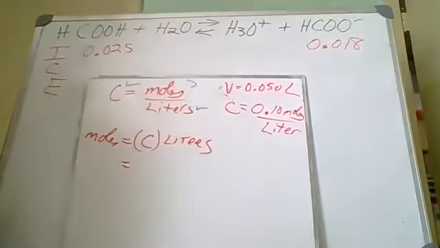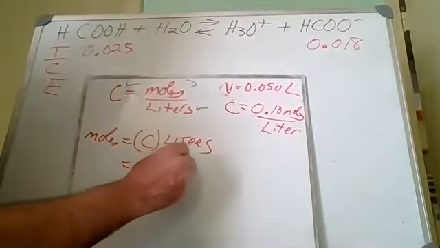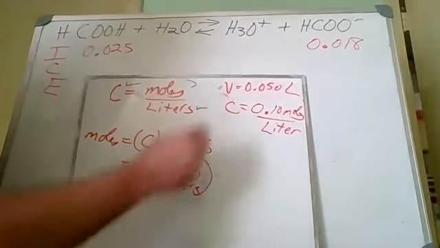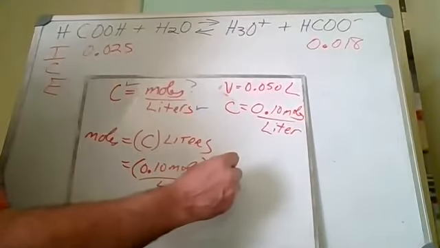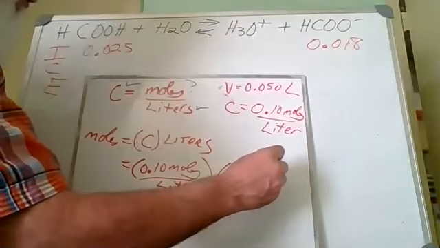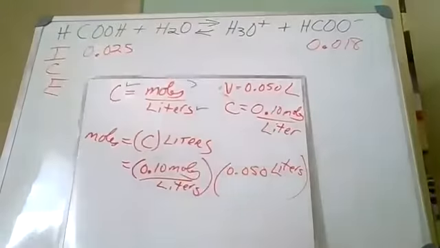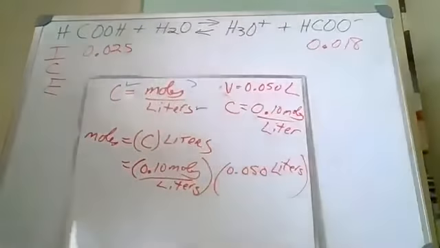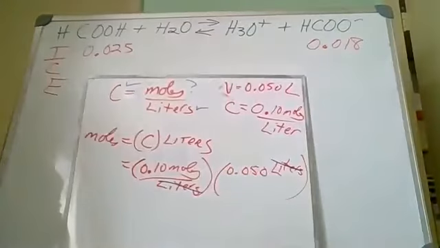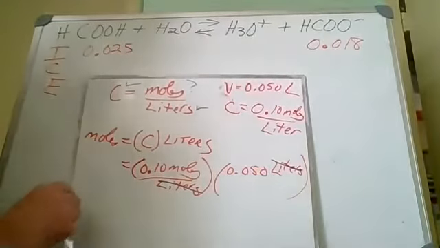We plug in here. This is going to be 0.10 moles per liter, and the volume is 0.050 liters. I can cancel the liters here, and we don't even need a calculator for this.